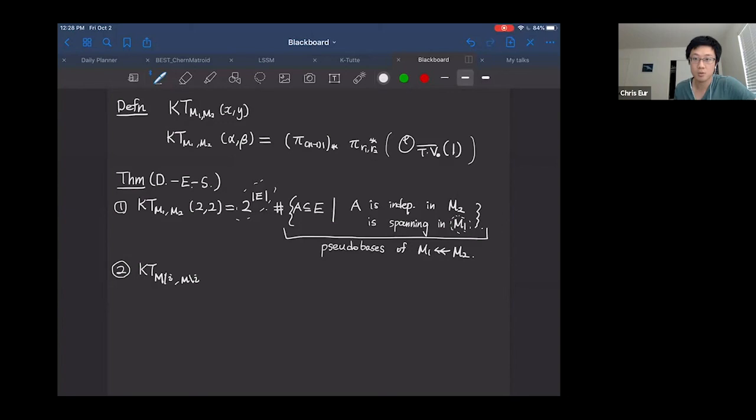That always forms a matroid quotient. That's a fact. And this satisfies a deletion contraction-like looking thing. So if I stopped at this, it would be all great, but that's not so. Turns out this more weird looking deletion contraction holds.